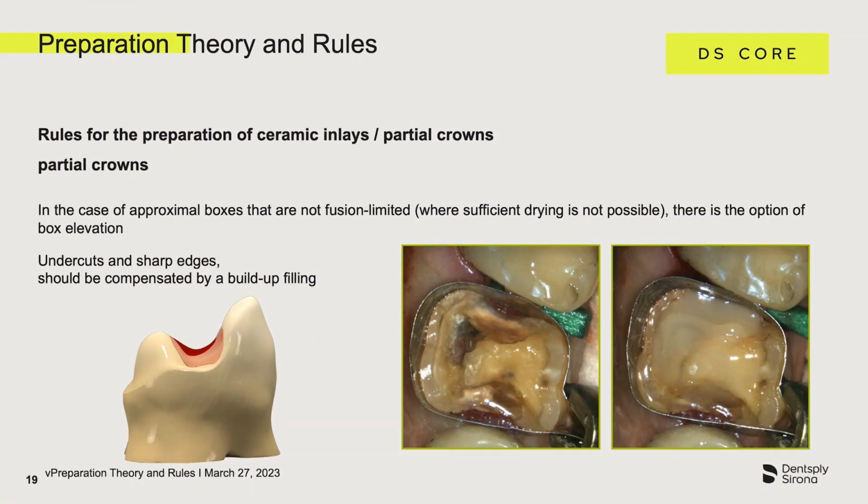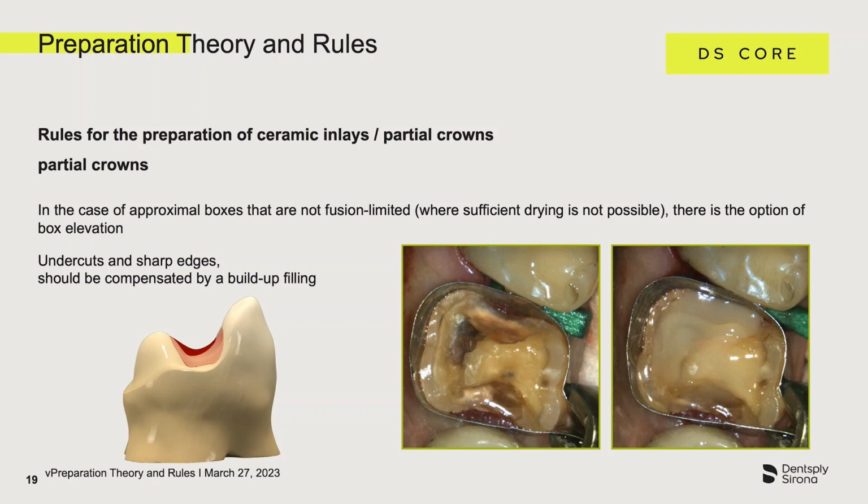Deep, approximal boxes that are not enamel limited are not a contraindication for a ceramic adhesive restoration. In this case, it is only necessary to ensure that drainage is possible, for example, by means of a cofferdam. If it is no longer possible to drain the restoration by means of a cofferdam, these deep boxes can be elevated by means of the so-called box elevation, or DME.